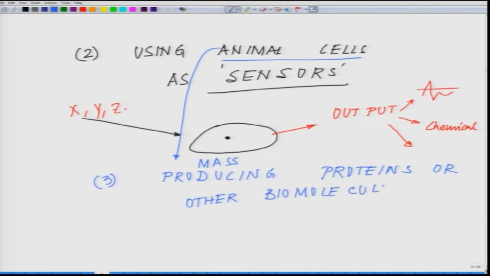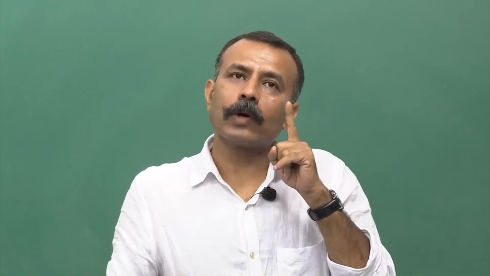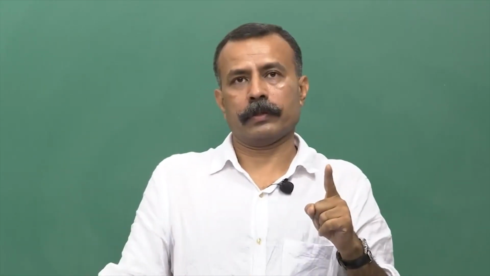So, in other words, I am using cells, giving them the right set of conditions, which first one has to study through cell culture, to produce biomolecules of my choice. So, you see, the technique is one, but one has to ask the right set of questions.